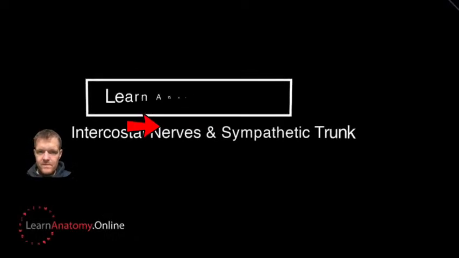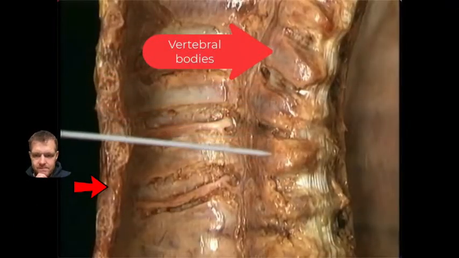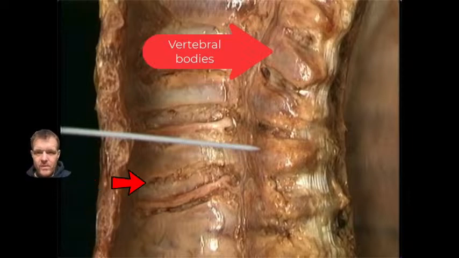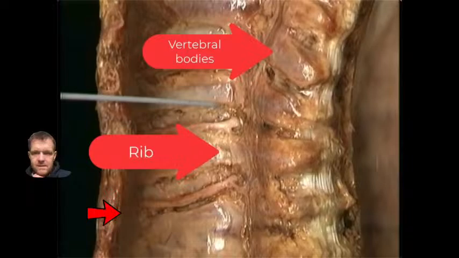So this is an introduction to the sympathetic trunk. What Becky was just talking about, the cardiac nerves, this is what we're going to start to get into over the next few weeks. So we've got the vertebral bodies just here. So we're looking at the inside of the thorax.